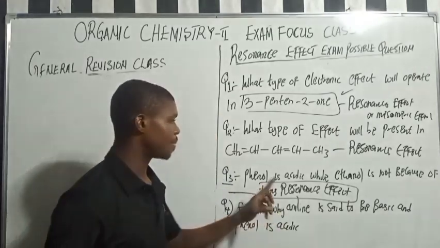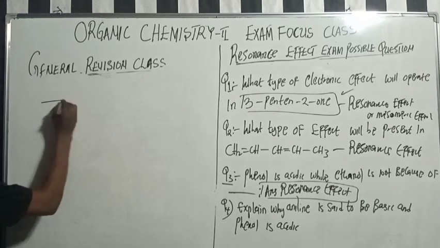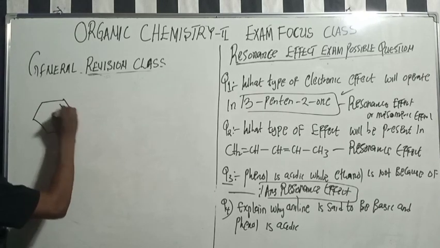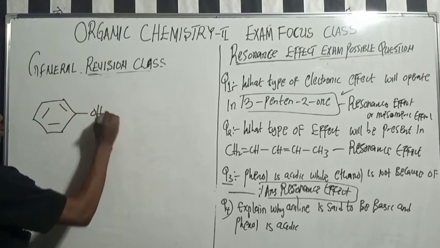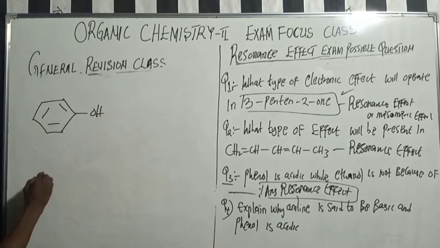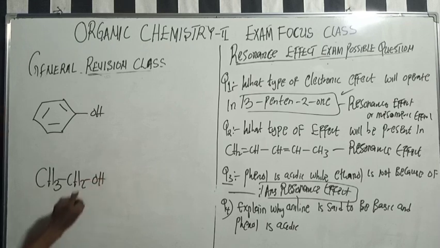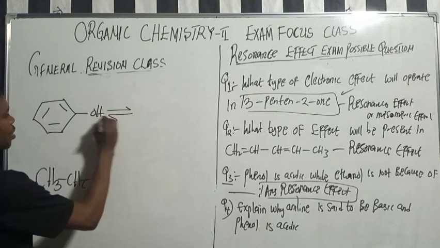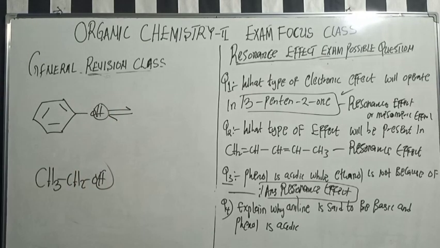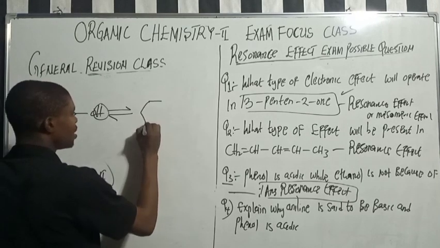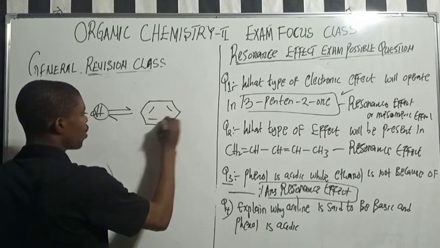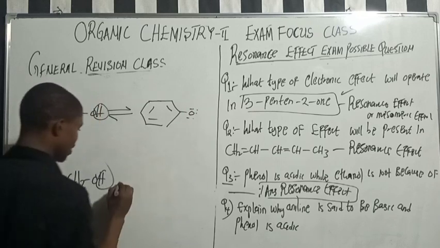If you check very well, this is called phenol, OH, and here we have ethanol, CH2OH. Now, when they both lose, when they both donate hydrogen here, they form their oxide group here.